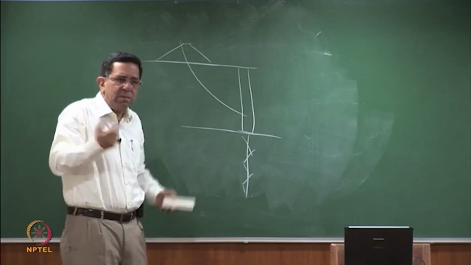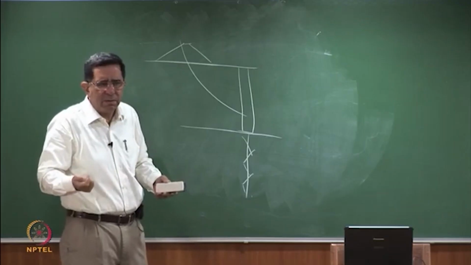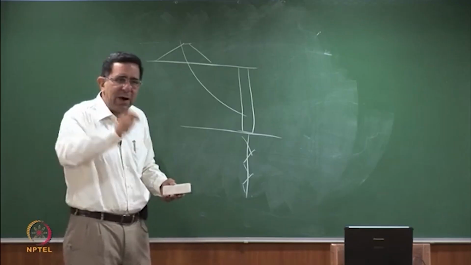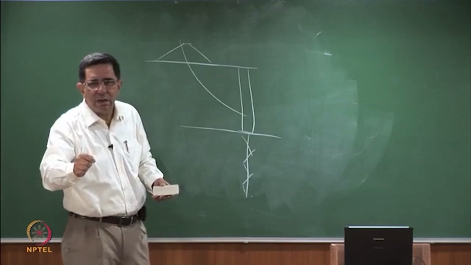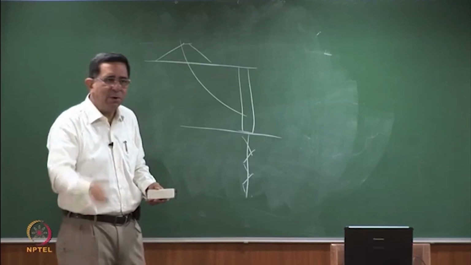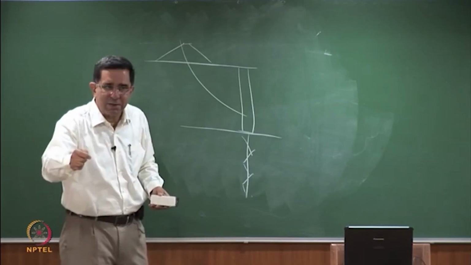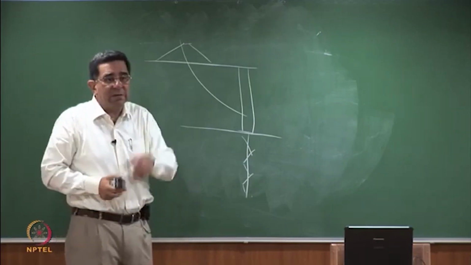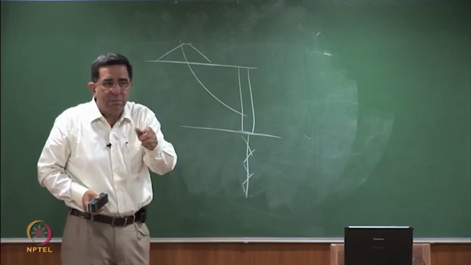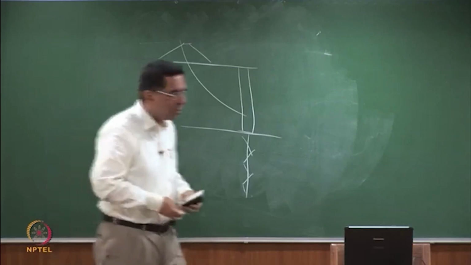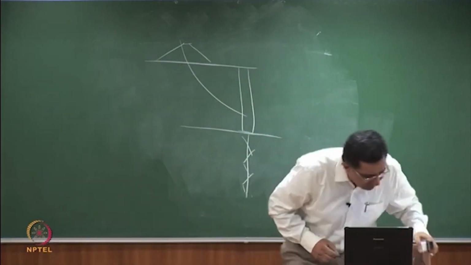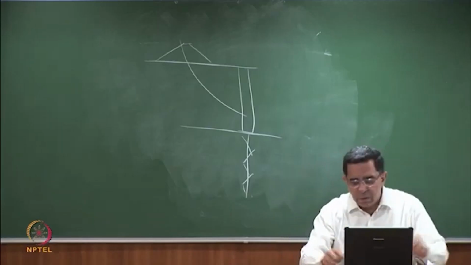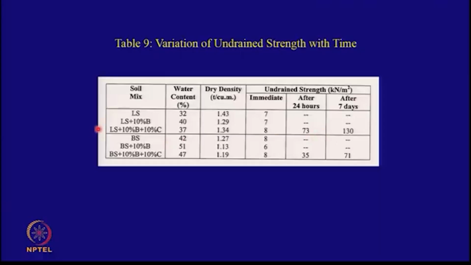So it's a mix design problem, very simple. You took soil and you added bentonite to get the low permeability. Now you take the soil and the bentonite and add cement to get good strength. That means the as-deposited material will get strength not from compaction but from the cement. So the next set of tests that we did was to add cement. So let us look at local soil plus 10% bentonite plus 10% cement.